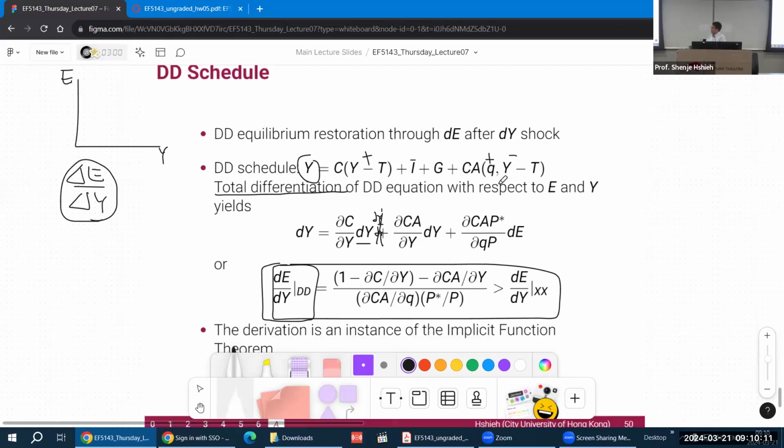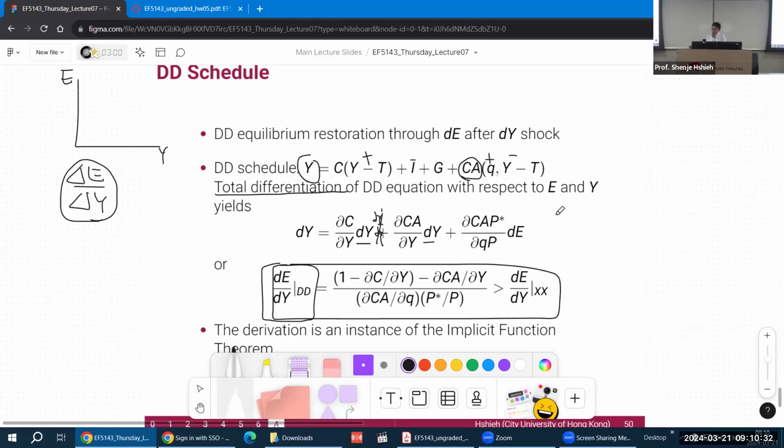For the current account, maybe this is a little bit more straightforward. For the current account, we do partial CA with respect to partial Y, and then dY with respect to Y. So again, the Y's go away, we just have dY, and then we have Q, right? Q only shows up within CA.